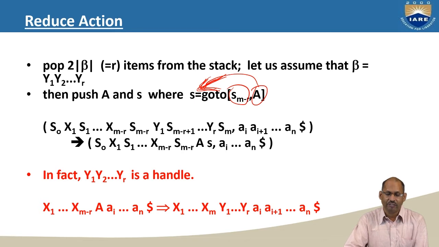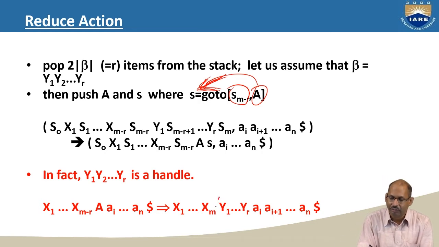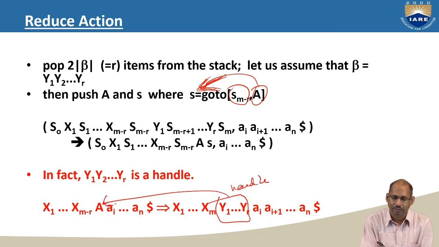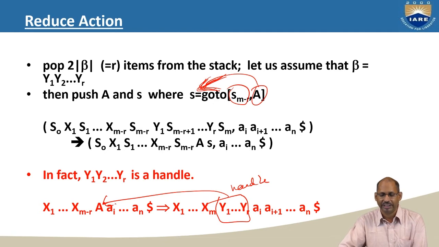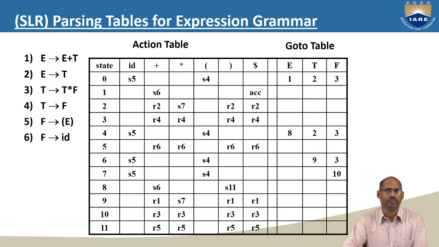So in fact, y1 to yr is a handle that will be replaced with the variable A. It means that y1 to yr is the handle that is replaced with the non-terminal A, right? So that is the reverse of the right sentential form that is used in the bottom-up parsing method.